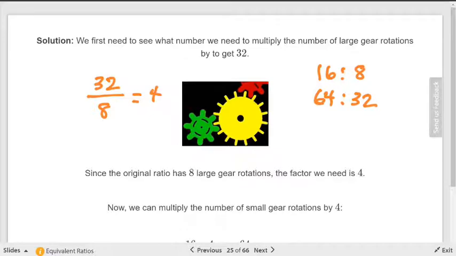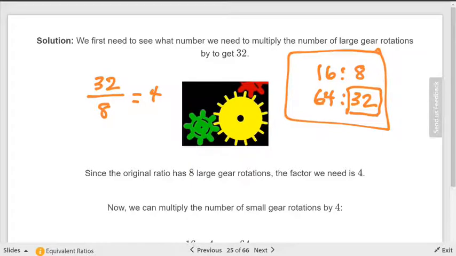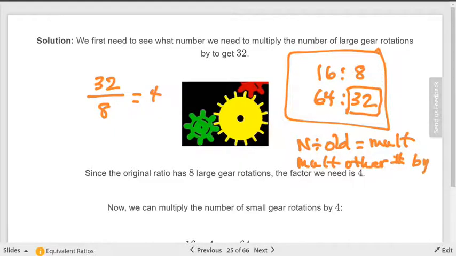And that works like that every time. So if you'll just simply put the ratios one on top of the other, the original one, put the new number down, and then just take the new one divided by the old one, and that will give you your multiplier. And then multiply the other ratio by that multiplier. Right, so it's just a simple matter of dividing.